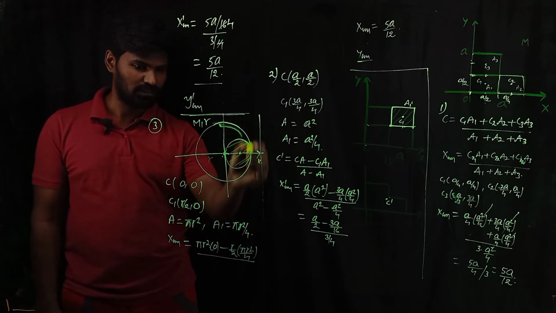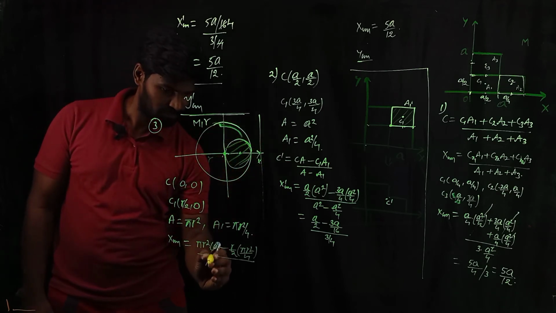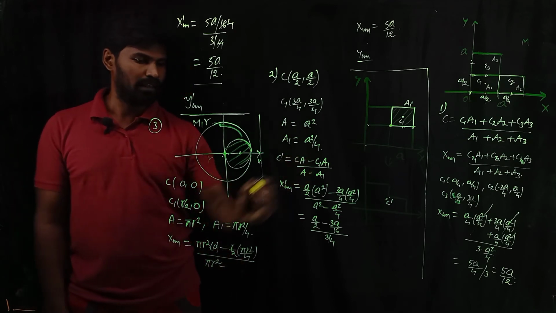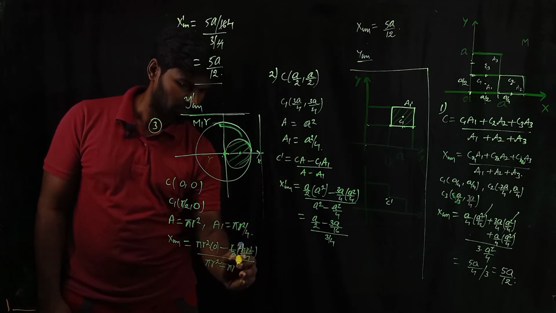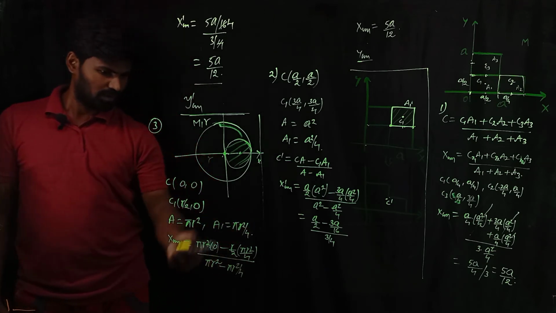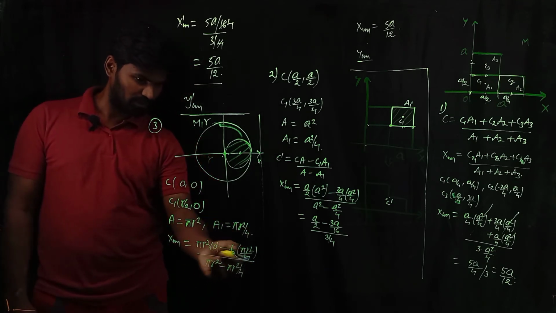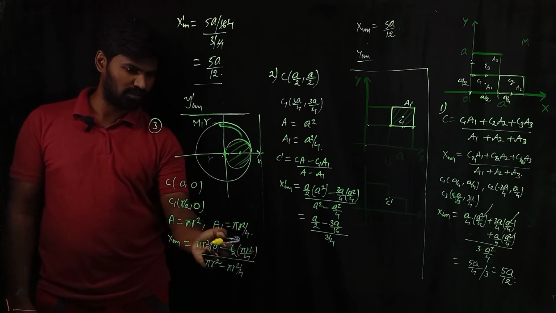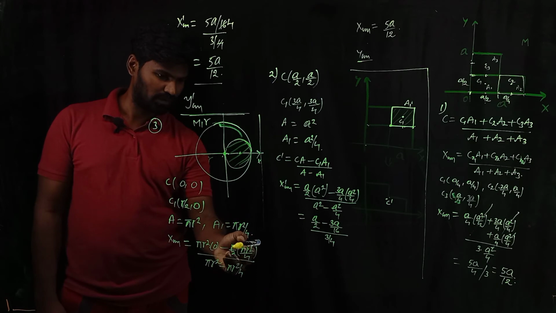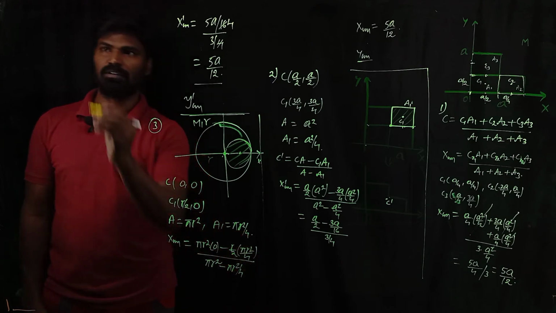What is the total area of this disk? Pi R square. Pi R square minus A1. A1 is how much? Pi R square divided by 4. Okay. So if we cancel out pi R square all through this, anyhow 0 into something is 0. So pi R square, if you cancel out here, what will you get? R by 2 into 1 by 4, that is R by 8.